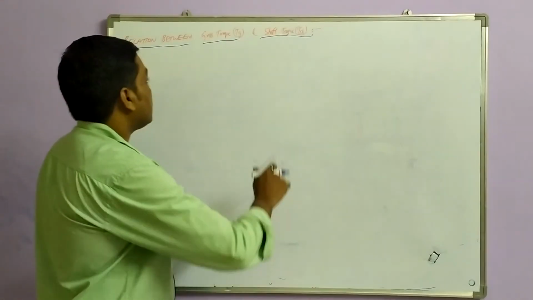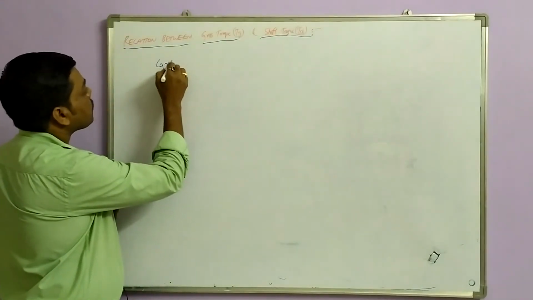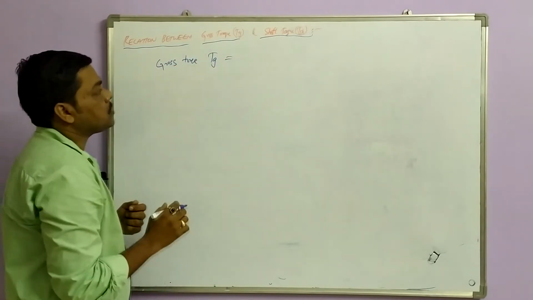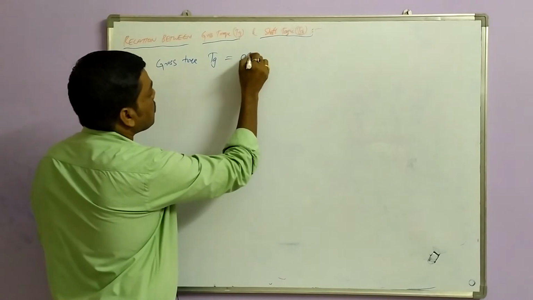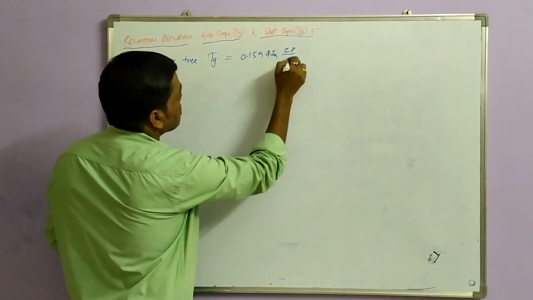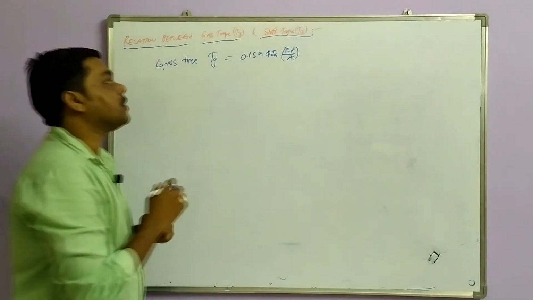So gross torque Tg is equal to, just now we derived, 0.159 phi into Ia into ZP by A.